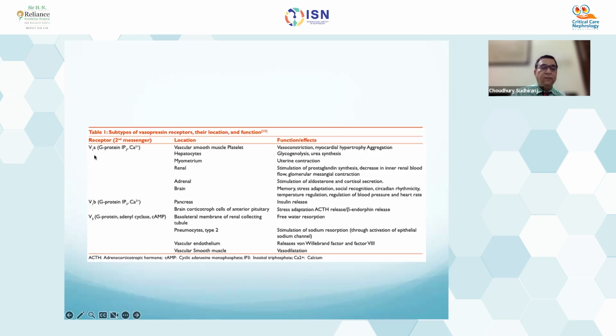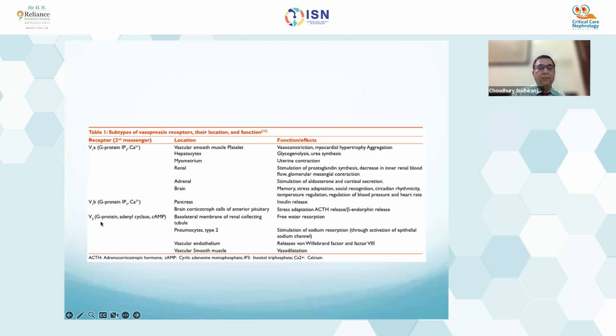They are the V1A receptor, V1B receptor, and V2 receptor. V1 receptors are present in the vascular smooth muscles, hepatocytes, renal, adrenal, and brain cells. It is ubiquitously present. V1B receptors are present in the pancreas and the brain.